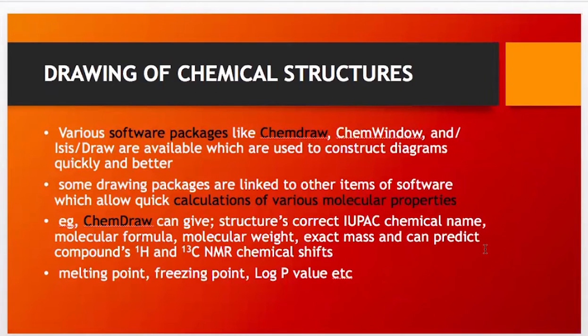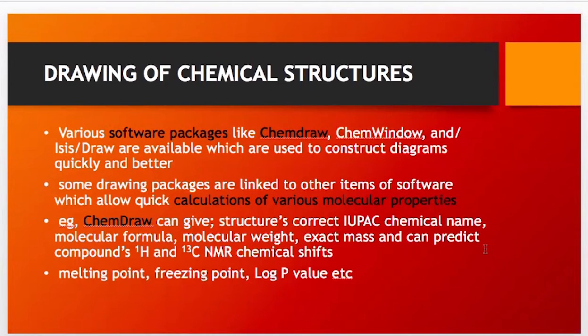Sometimes you may fail to give the correct IUPAC name of certain compounds, like 1,4-dimethyl something. So sometimes you may miss how to actually give it the correct name. With software like ChemDraw, once you draw the structure, you can put settings where it gives you the correct name of the compound.